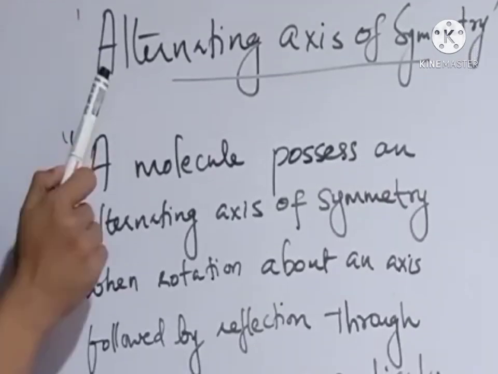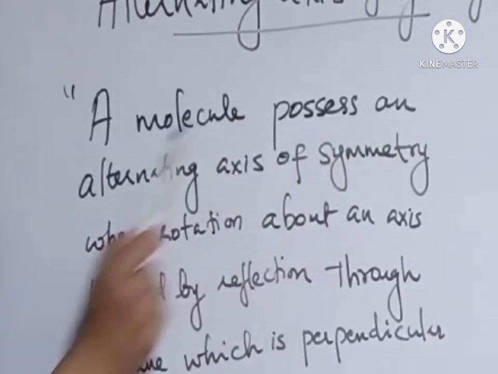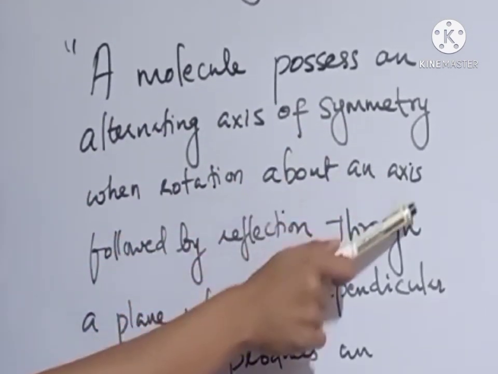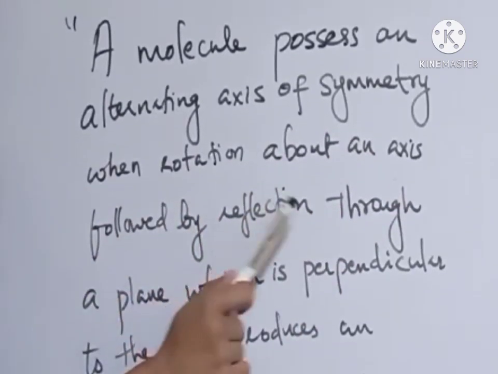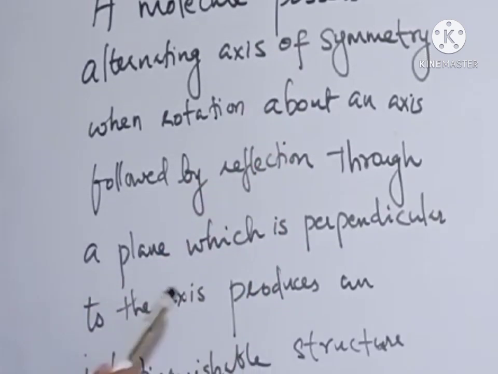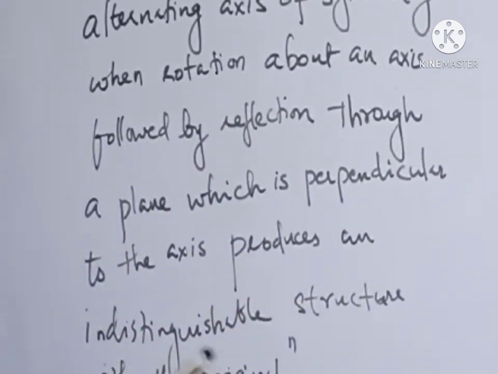The next one is alternating axis of symmetry. A molecule possesses an alternating axis of symmetry when rotation about an axis followed by reflection through a plane which is perpendicular to the axis of symmetry produces a structure indistinguishable from the original.